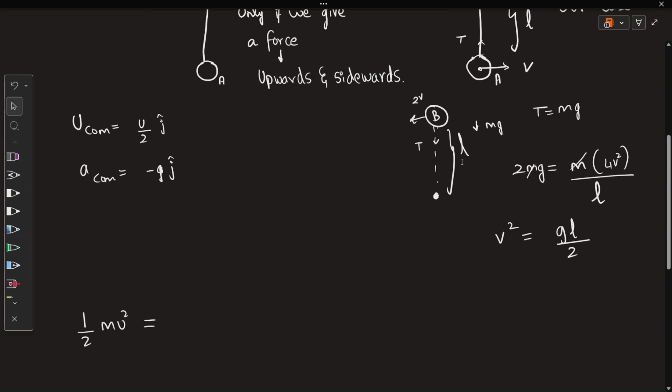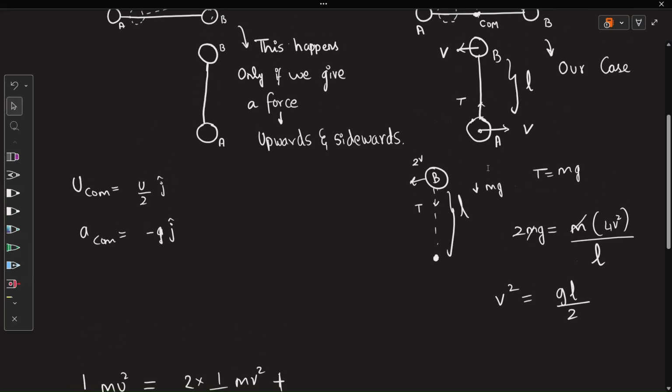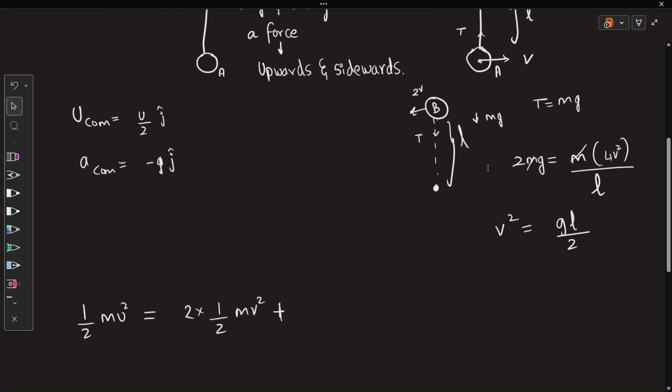Finally, both have some kinetic energy, that is twice of half m v square, plus ball B has some potential energy, which is mg into L.